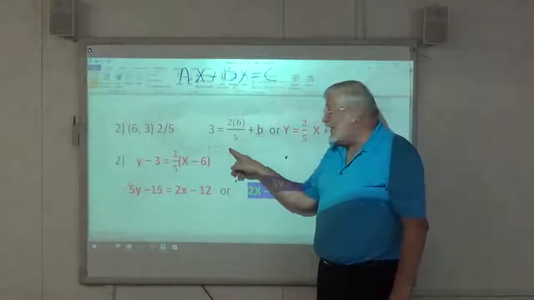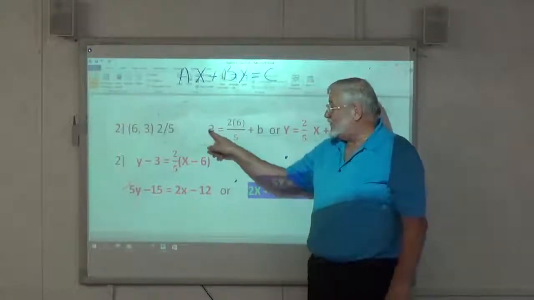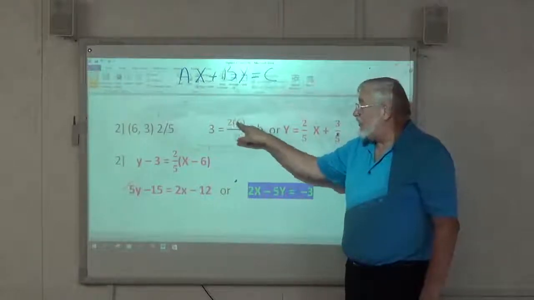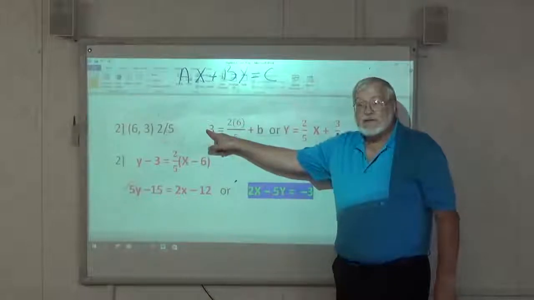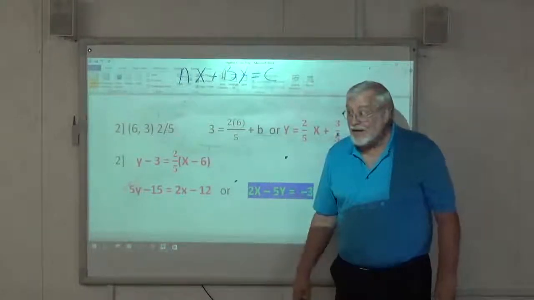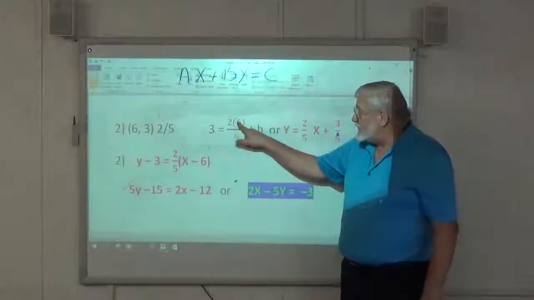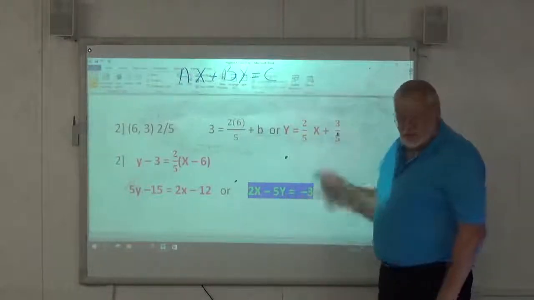But I got to clear the 5. 5 goes over here to be 15. What I do is I see this. This is 12 over 5, right? 3 is 15 over 5. Right? Because what's 15 divided by 5? All right, well if this is 12 and I need to add something to get to 15, I must have added 3.